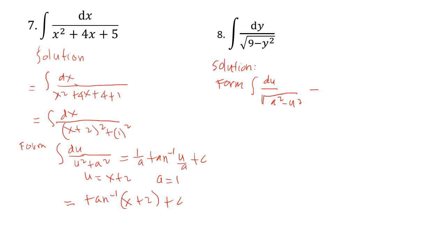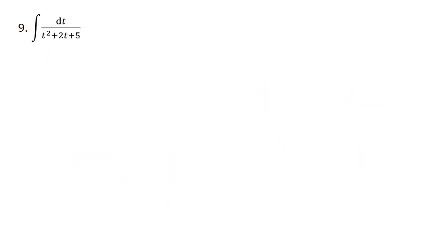The answer is arc sine u over a plus c. So the integral of dy over the square root of 9 minus y squared is equivalent to arc sine y over 3 plus c.